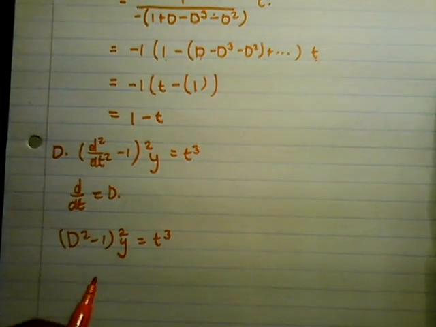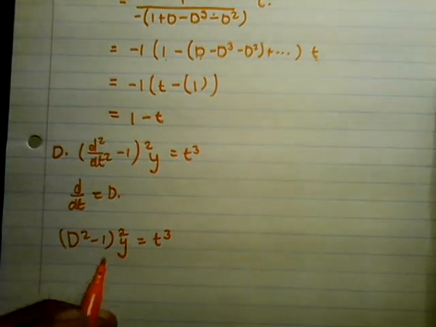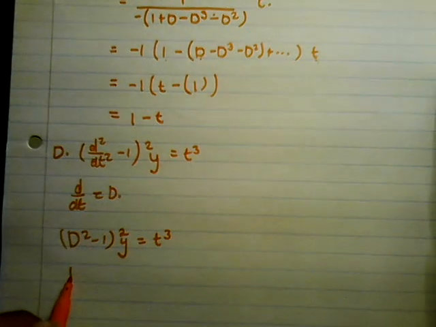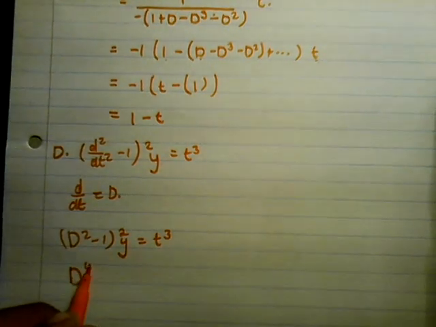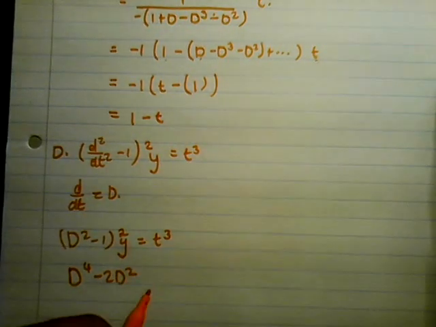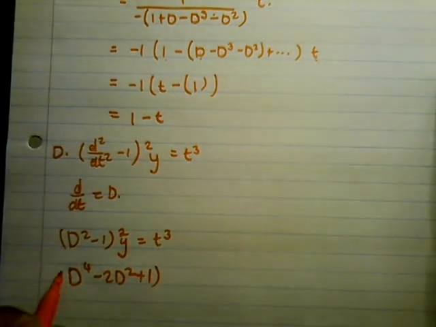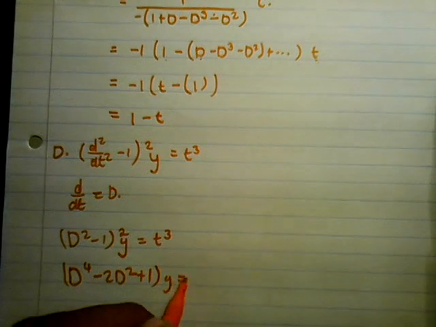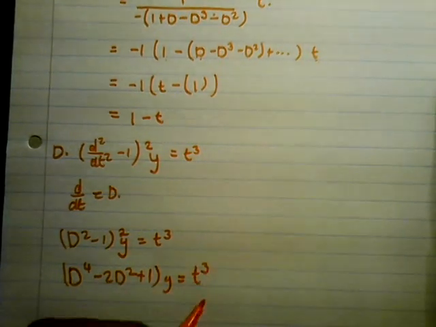Now when we work that out, we find that operating on y, this can be written as D to the power of 4 minus 2D squared plus 1 operating on y is equal to t cubed.